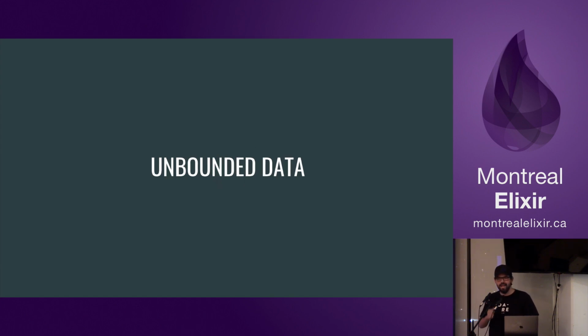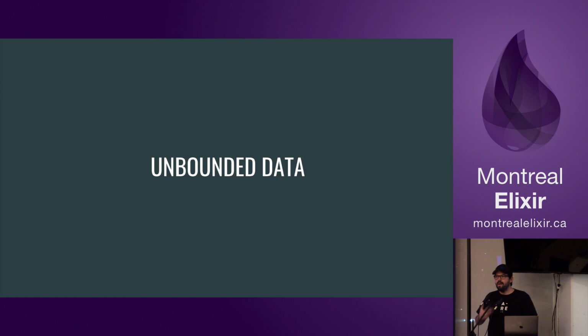I'm going to talk about unbounded data, which Flow can also process. José Valim has a presentation about GenStage and bounded data, and it's much better than mine, so go watch the video of his keynote at ElixirConf, I think in 2016. But he doesn't talk about the unbounded data part of Elixir Flow, and that's what I'm talking about today.